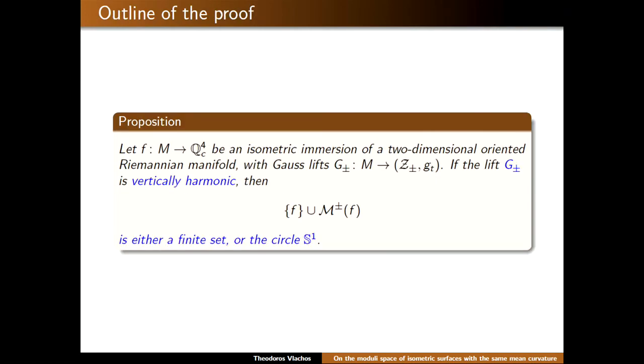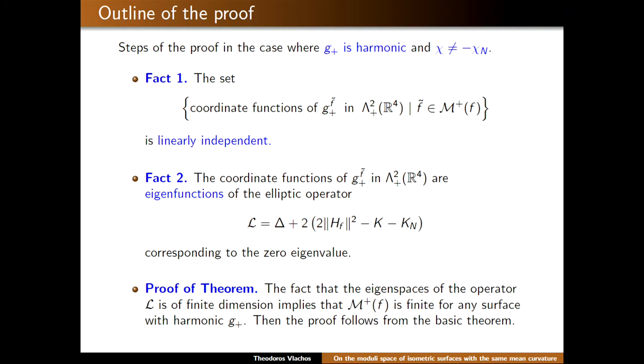So what are the ideas? You have a surface, and assume that the G plus component of the Gauss map is harmonic and satisfies this topological assumption. The first fact is that if you consider the coordinate functions of the plus component of any surface in that component of the moduli space, using the topological assumption, it turns out that this set is linearly dependent.